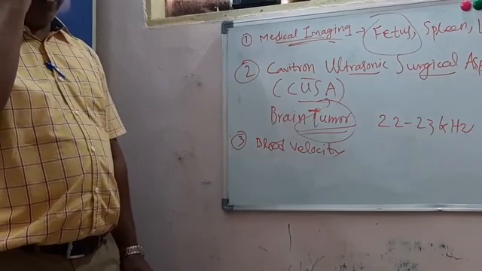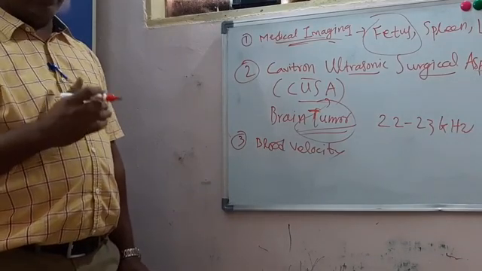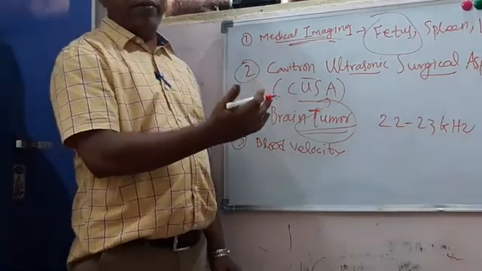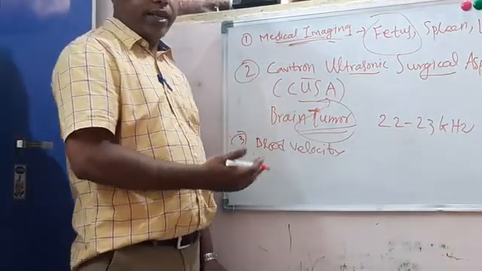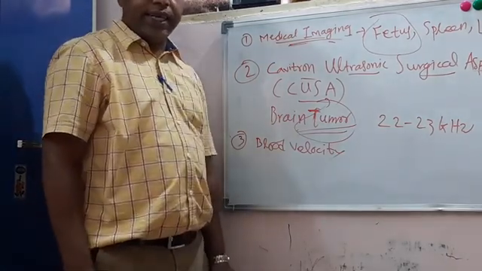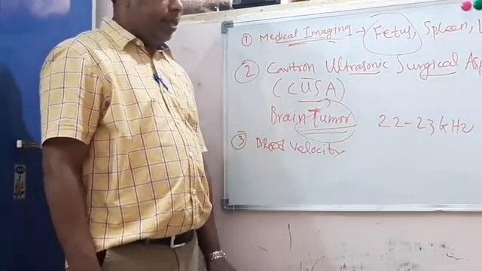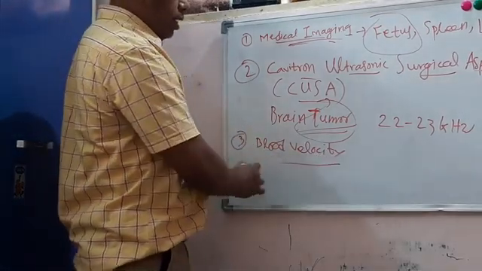This is based on the Doppler effect. By knowing the incident frequency and the changed frequency of the ultrasonic wave, one can easily calculate the value of blood velocity.